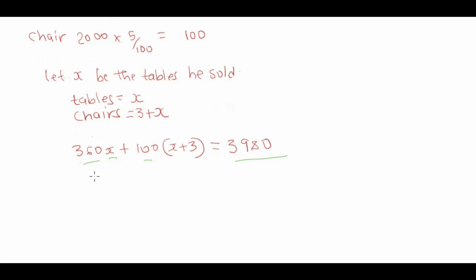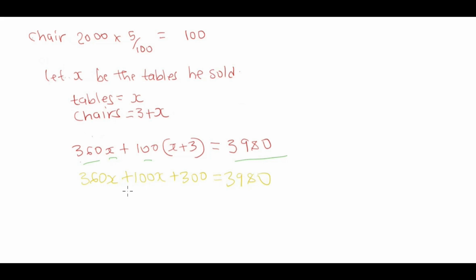3,980. So if you work out this, you'll get 360x plus 100x plus 300 is equals to 3,980.